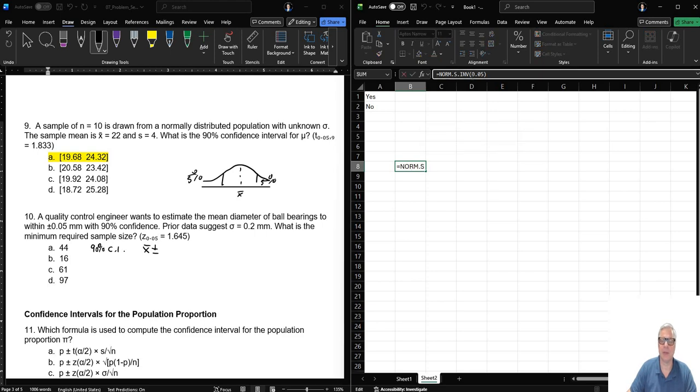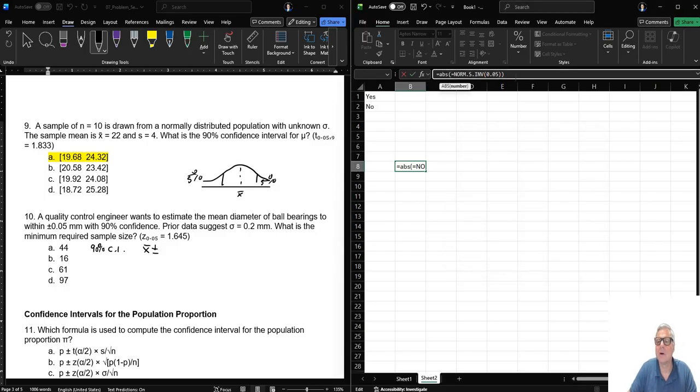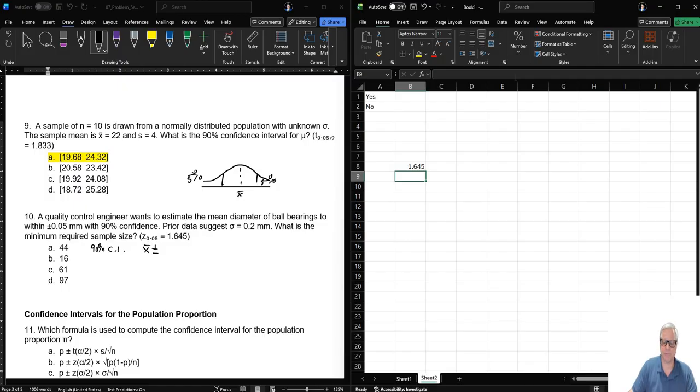Or if we put an absolute around it, with the equal sign we get 1.645. Okay, so it's rounded 1.645.